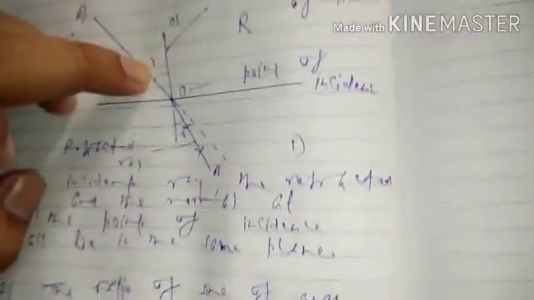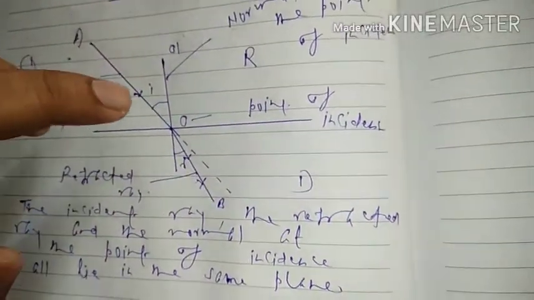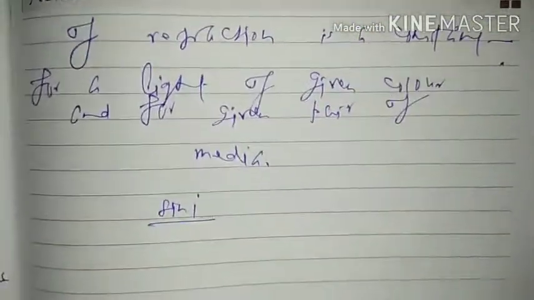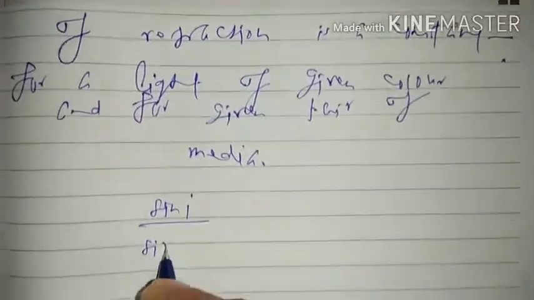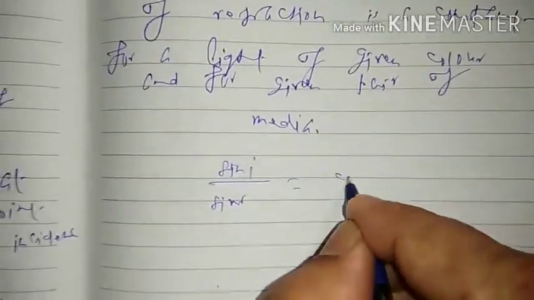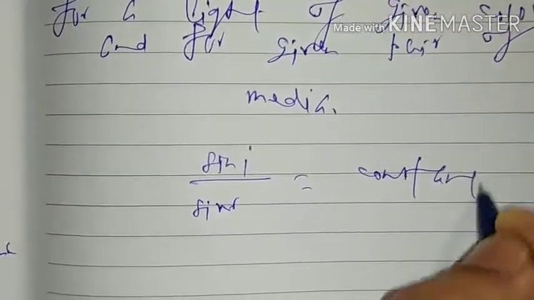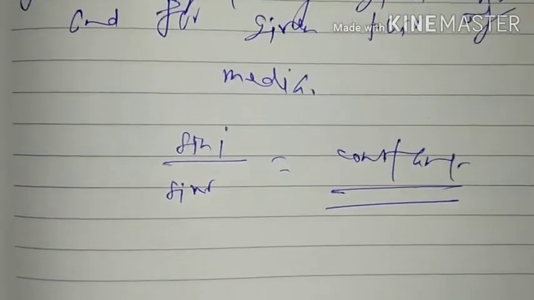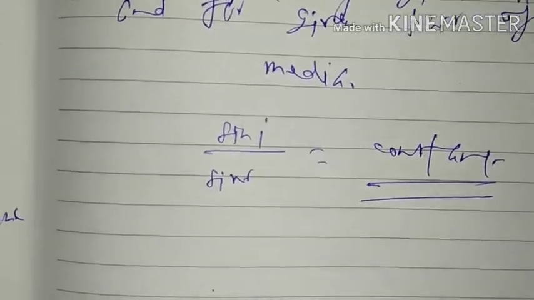Second law of refraction is that the ratio of sine of angle of incidence, that is sine i divided by sine of angle of refraction, is equal to constant for given color of light and for given pair of media.